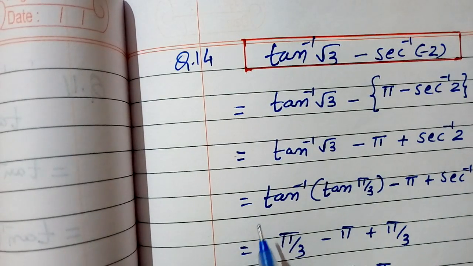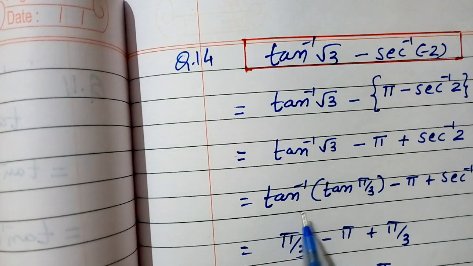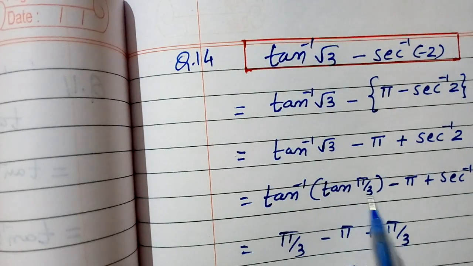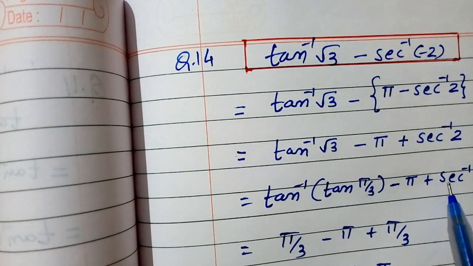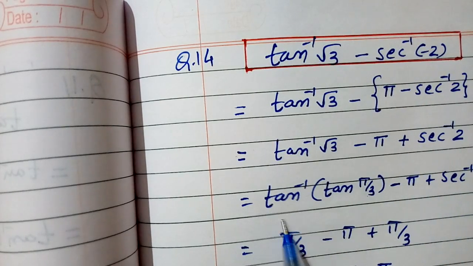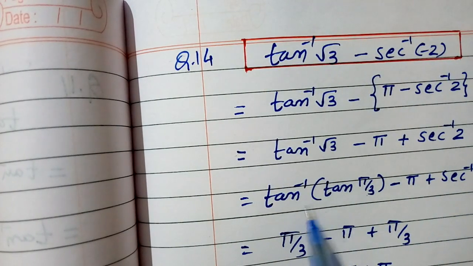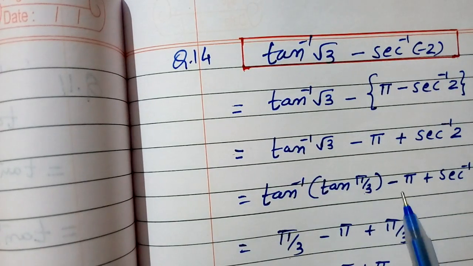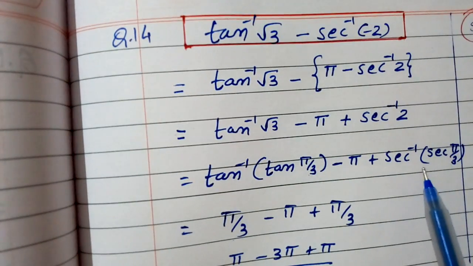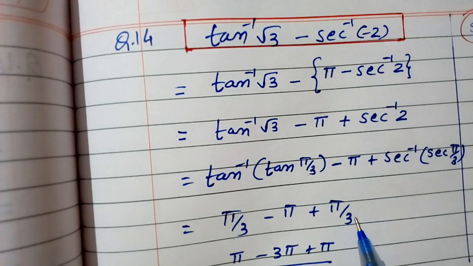2, equal to tan inverse, instead of root 3 we are writing tan pi by 3, minus pi plus sec inverse, instead of 2 we are writing sec pi by 3. Tan inverse and tan cancel, we are getting pi upon 3 minus pi plus, sec inverse and sec also cancel, we are getting pi upon 3.